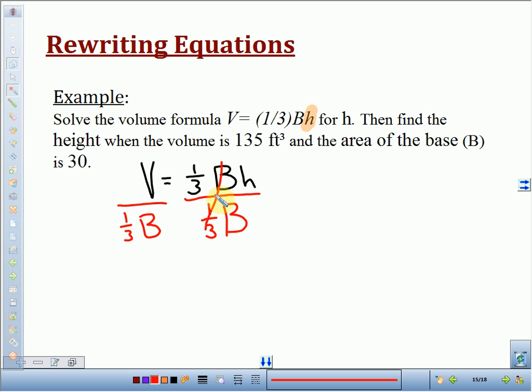Over here, everything cancels except H. And I've got V over 1/3 B equals H.